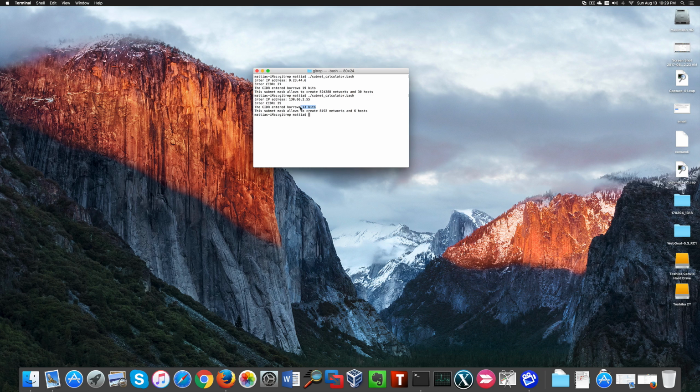So for you to go from 16 to 29, you need 13 bits. So we have 8,192 networks, which is 2 to the 13th, and 6 hosts, because then we have 3 outstanding bits having the value 0, which means 2 to the 3rd, which is 8, minus 2, which is 6.